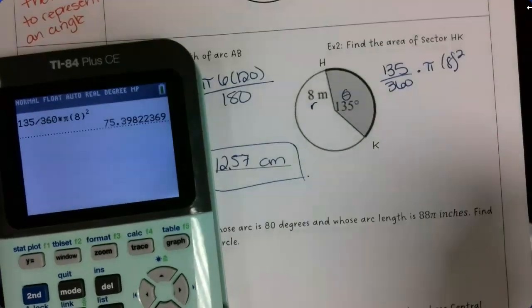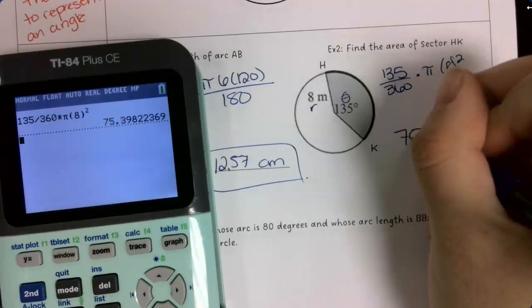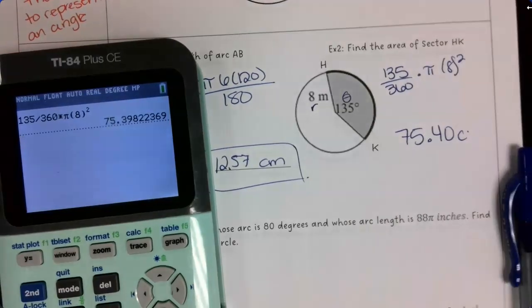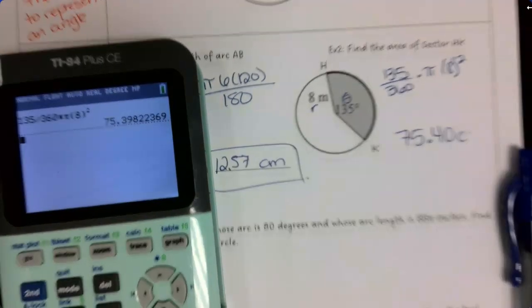So this one gives me 75.4, that's going to round to 75. And because this one said, oops, this is meters. This one said it was area, so it should be squared.